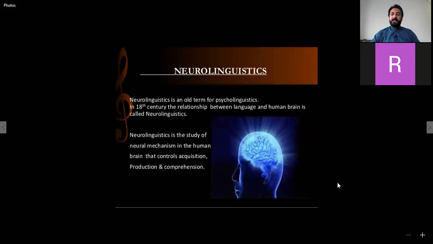Before the term psycholinguistics, the term neurolinguistics was used for psycholinguistics. In the 18th century, neurolinguistics was the branch of linguistics which studied the relationship between language and human brain.